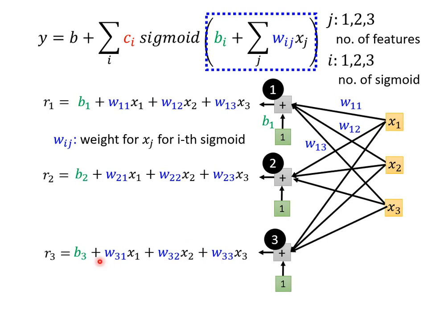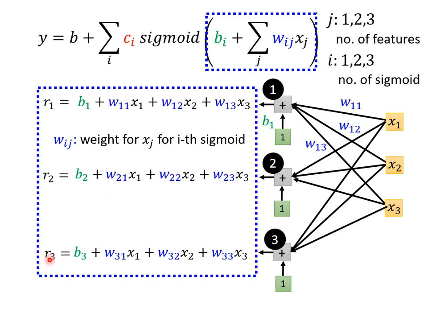Okay, now for simplicity, we use a simpler notation to represent the numbers in the parentheses. So we treat this bunch of things as r1, this bunch of things as r2, and this bunch of things as r3. Then for x1, x2, x3 and r1, r2, r3, what is the relationship between them?